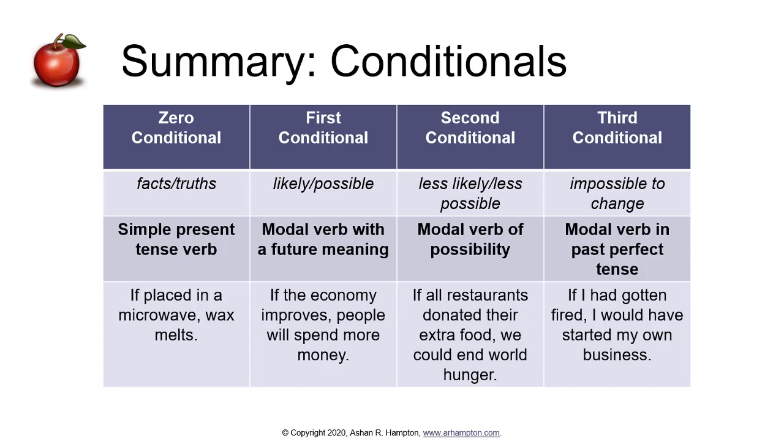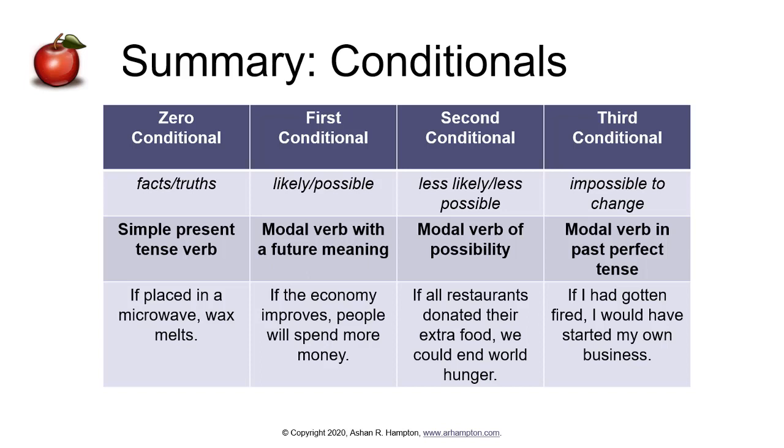In summary, let's take a look at this chart that gives you a quick look at the types of conditionals and their definitions. Zero conditional expresses facts and truths. You use the simple present tense verb. Here's an example. If placed in a microwave, wax melts. That is true. First conditional means it's likely or possible. Use a modal verb with a future meaning. Example, if the economy improves, people will spend more money.